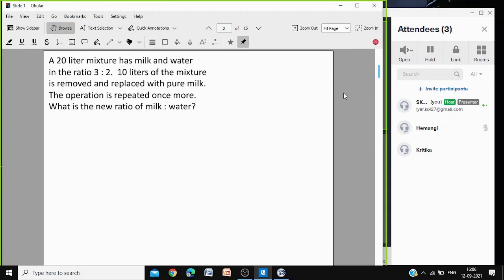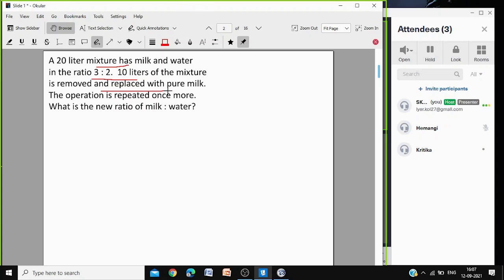A 20-liter mixture has milk and water in the ratio 3:2. 10 liters of the mixture will be withdrawn and replaced with pure milk. Each time you remove the mixture, it contains both milk and water, but in that place you put pure milk.